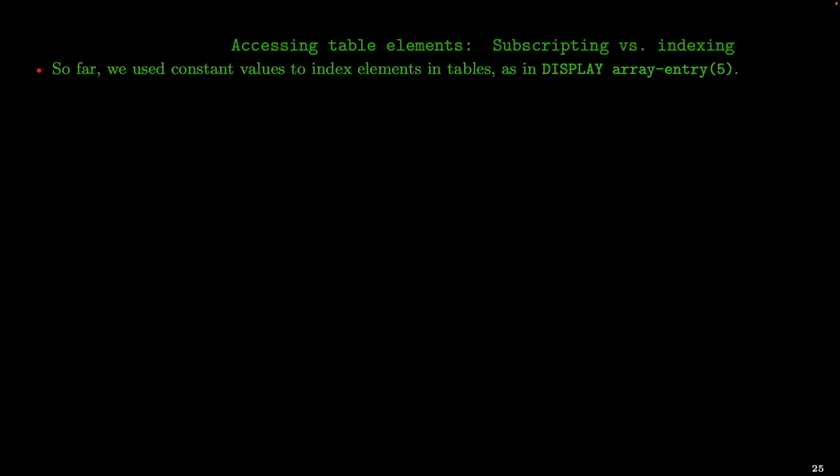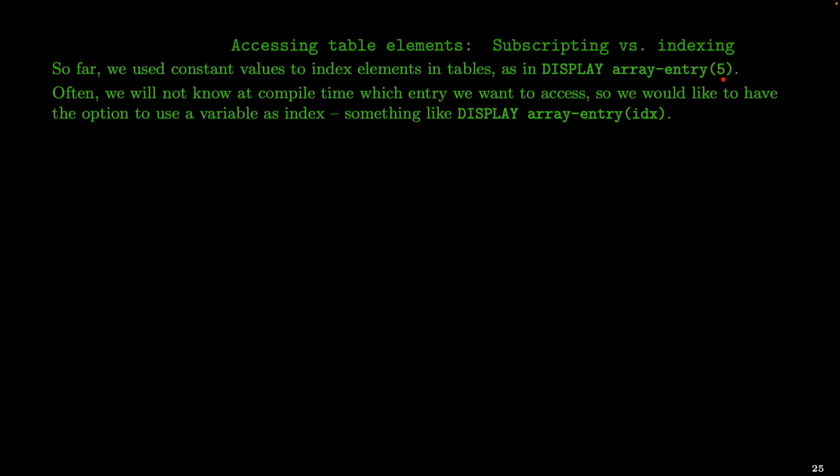So far we have only used constant numbers, constant values to address elements in a table. For example, when we write something like display array entry 5. But very often we will not know before executing a program which entries in a table we want to access.